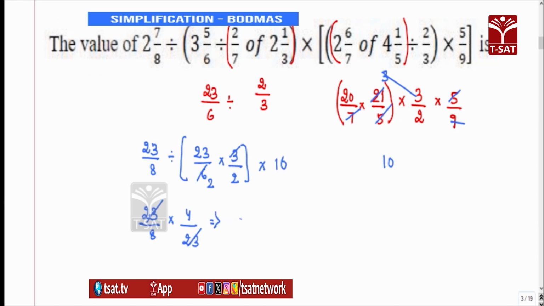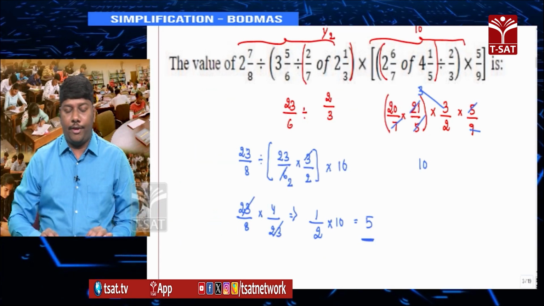Finally, the left side of the part becomes 1 by 2 into right side bracket becomes 10. So, whole thing is simply 5. So, 1 by 2 into 10, which is 5. So, this whole thing we got as 1 by 2. The right hand side we got as 10. So, 1 by 2 into 10, it is 5.